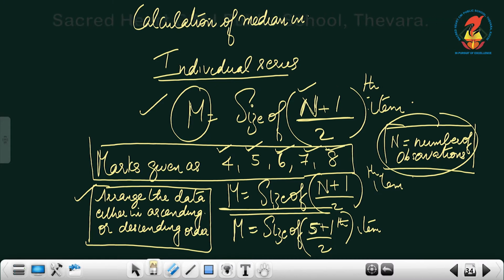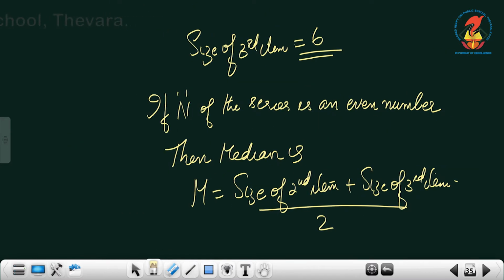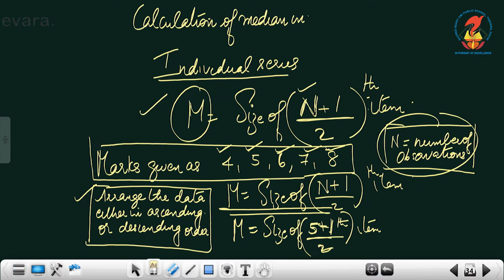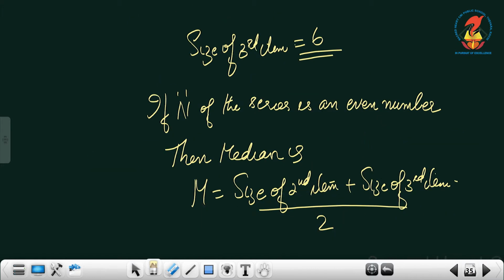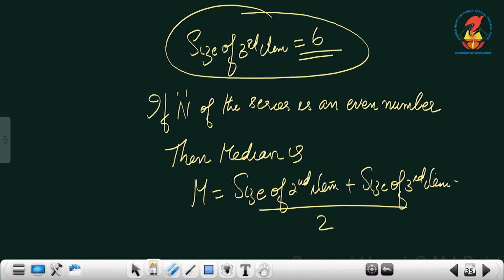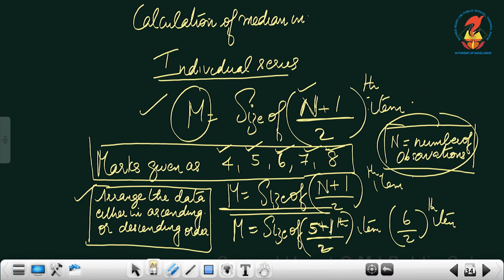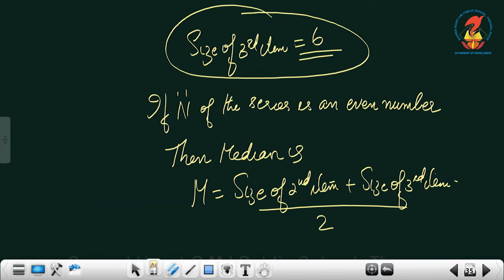So M is equal to size of (5 plus 1) by 2th item. 5 plus 1 is 6, so it is the size of 6 by 2th item, that is equal to size of 3rd item. From the series, the 3rd item is 6. So the answer is 6. Median is equal to 6.